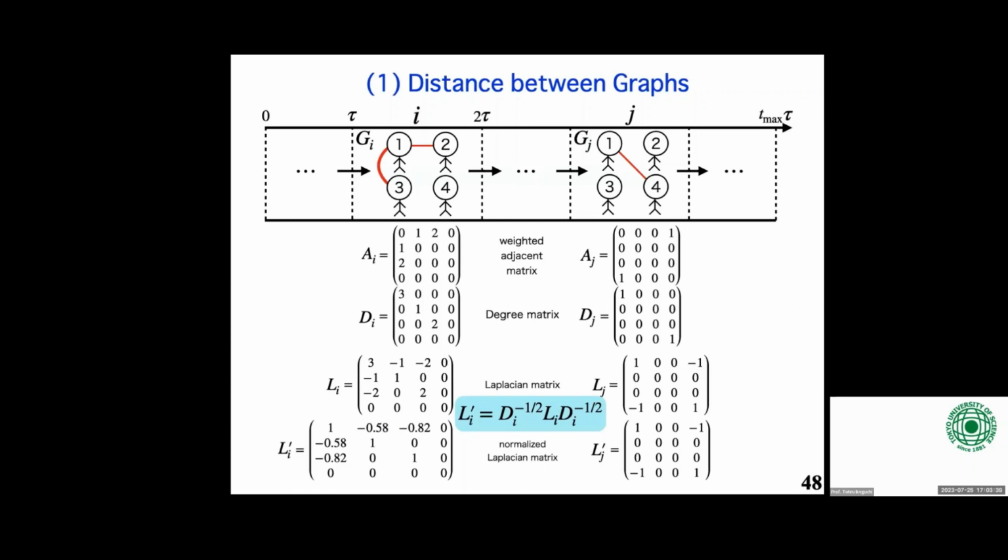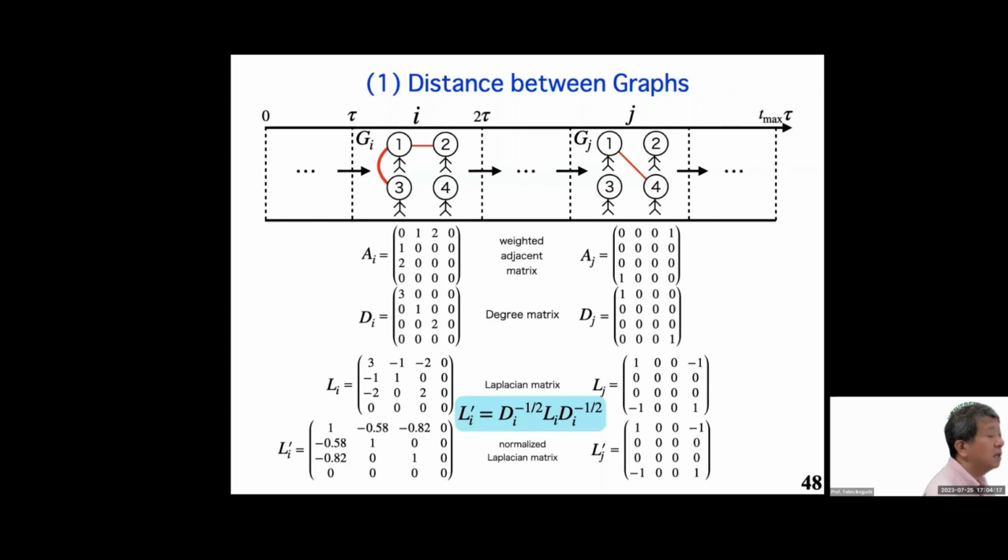Let i be the ith network, and j the network of the jth time window. For example, in the ith window, in this example, contact between vertex 1 and vertex 2 is made once, and contact between vertex 1 and vertex 3 is made twice. On the other hand, in the jth window, vertex 1 and vertex 4 are in contact.